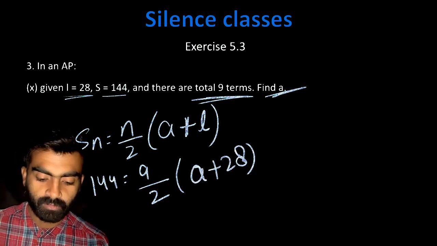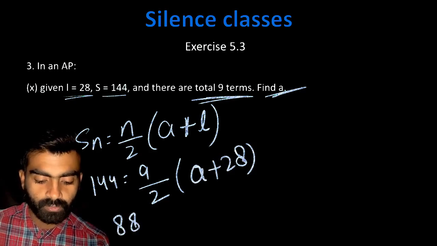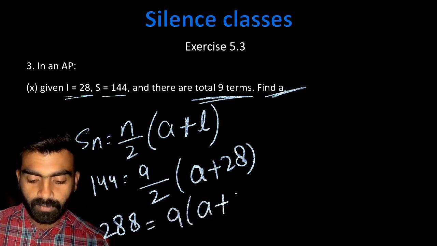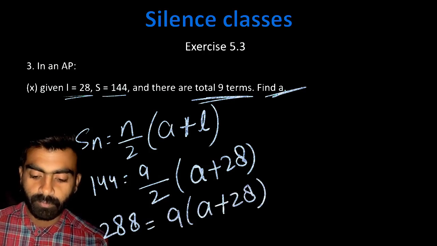Now let's solve it. We send 2 to the left hand side, so 2 fours are 8, 2 fours are 8, and 2 ones are 2, giving 288 equals 9 times a plus 28. We can open the bracket.